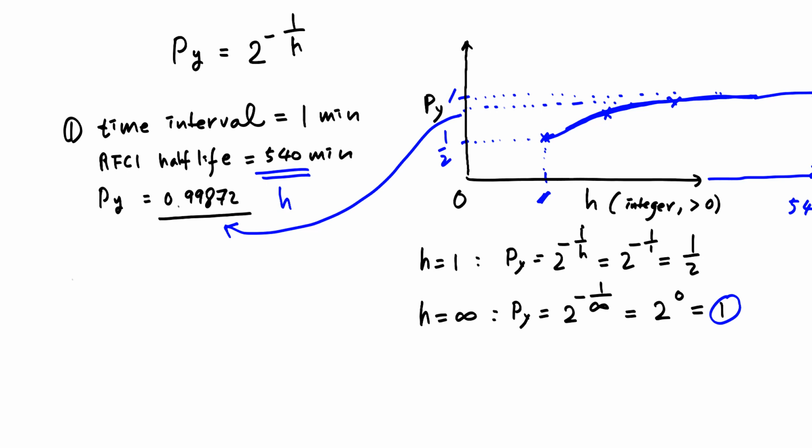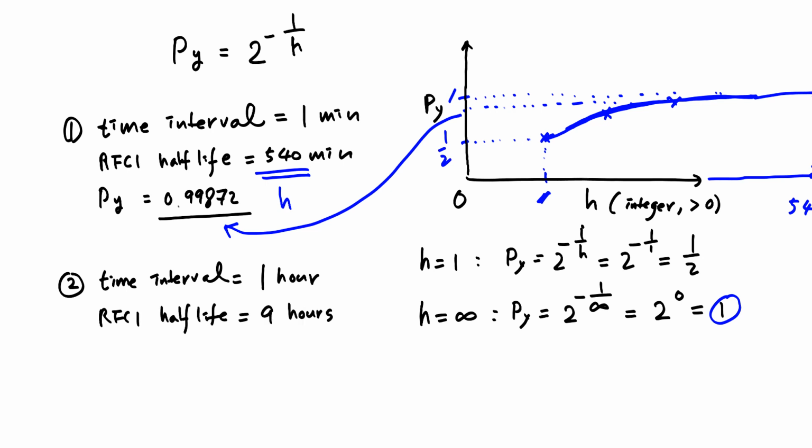Now, what if our time interval is 1 hour? Then this RFC1 half-life is 9 hours. Then what will be this Py value in this case? So let me just calculate that value, Py, which is equal to 2 to the power of -1 over h. But in this case, now we have 2 to the power of -1 over 9, right?